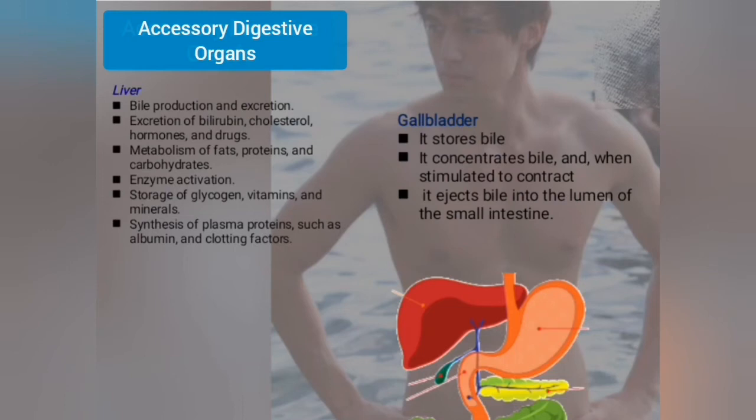Gallbladder, it stores bile, it concentrates bile, and when stimulated to contract, it ejects bile into the lumen of the small intestine.